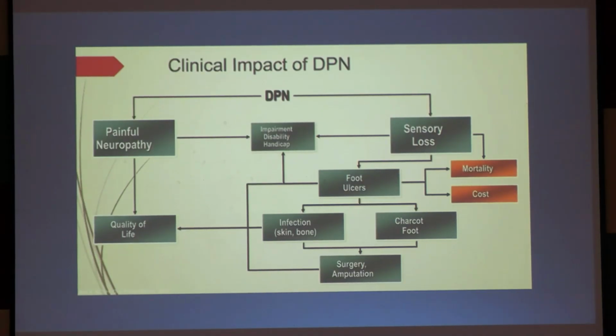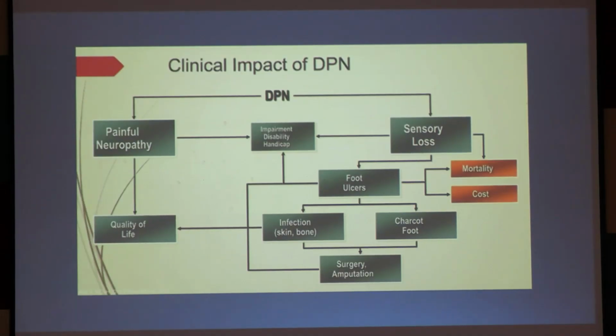Whereas loss of protective sensation, that is the painless neuropathy, may produce foot ulceration or Charcot neuro-osteoarthropathy that may lead to cellulitis, gangrene, or even limb loss and amputation. So both the painful as well as painless neuropathy have the impact of impairment of quality of life, disability, and obviously handicap.